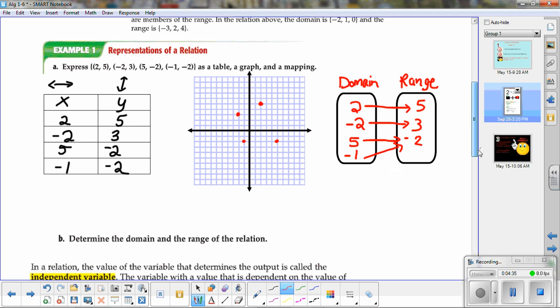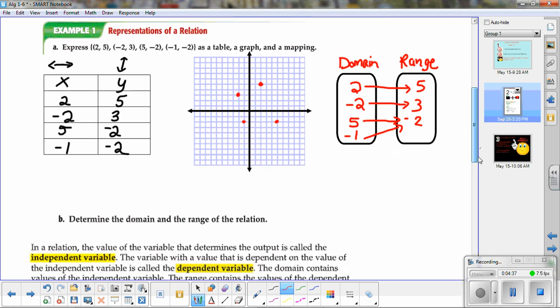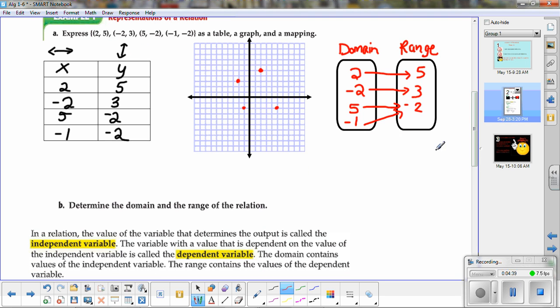Now the last question is to determine the domain and range of the relation. The domain, remember, is the x values. And the way you write the answer for the domain is in these brackets. You're going to list all of these.